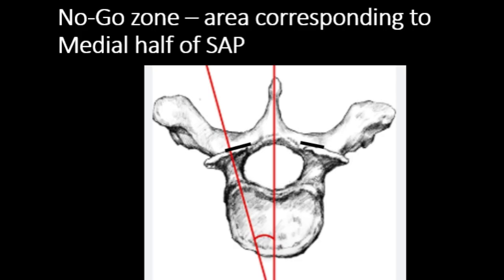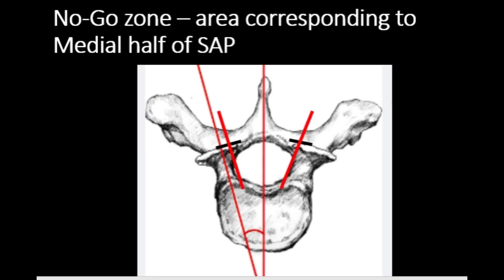You can see in this particular figure that for any entry point taken along these black lines, if you give even a slight medial angulation, they will enter into the spinal canal. So these are unacceptable entry points. So medial half of the superior articular facet is a no-go zone.